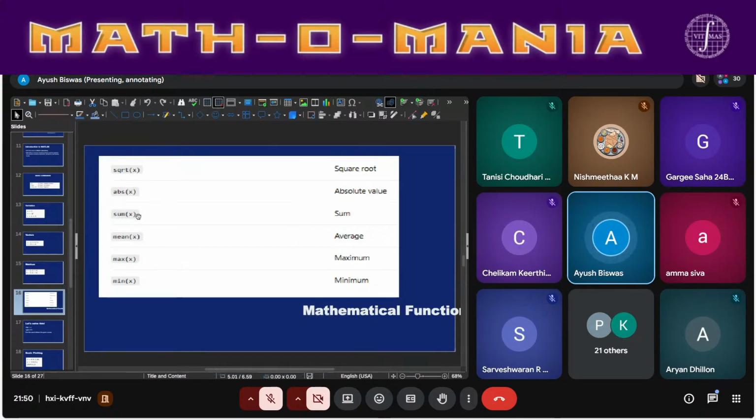Sum of x gives you the sum of all the elements, and mean gives you the arithmetic mean of the given values. Max and min give you the maximum and minimum values of the arrays respectively.